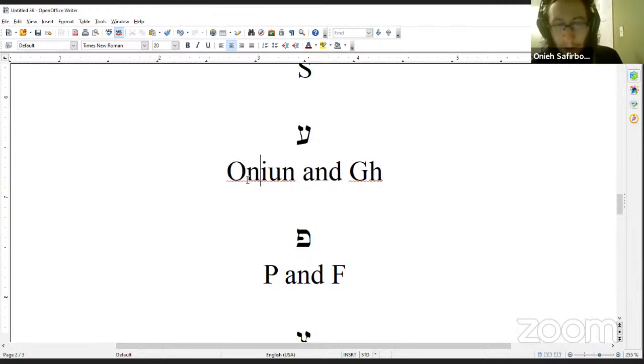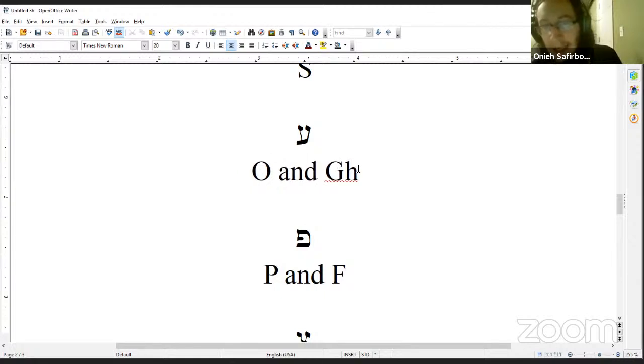But we're using the letter O to signify that sound. So it has that sound, and it has a guttural G sound, gh, because when you're just saying that vowel sound, it ends in a G sound naturally.